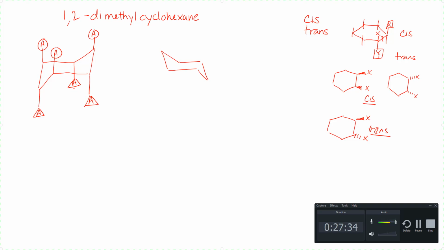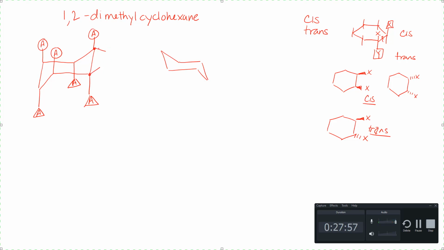So now the equatorial positions go in roughly parallel to the ring. And the trick here is I have one more bond to put to this carbon, for instance. Let's make it look as tetrahedral as we possibly can. So it would go this way. The one here would go this way.